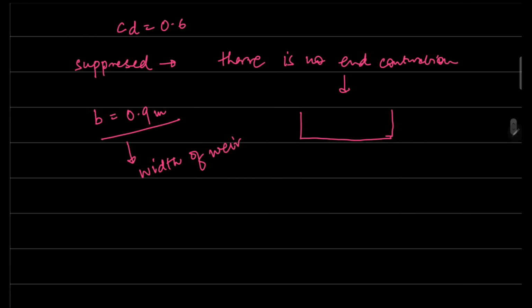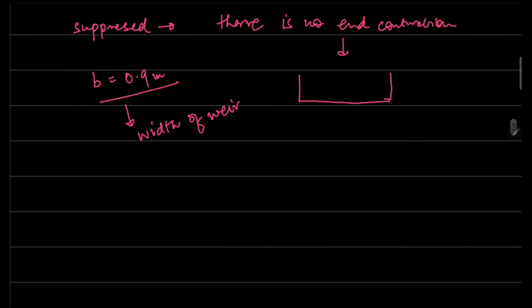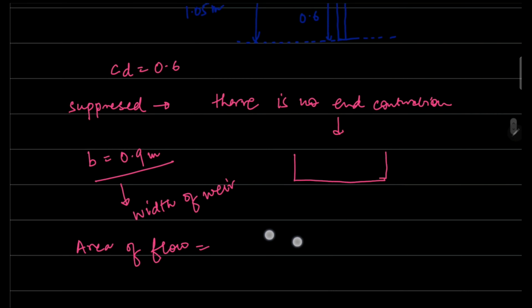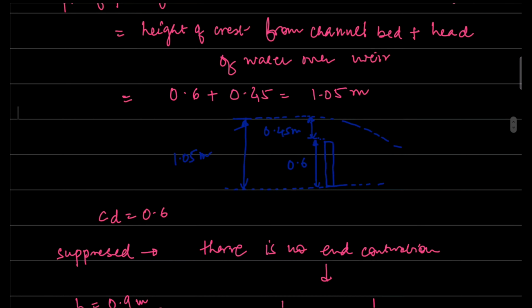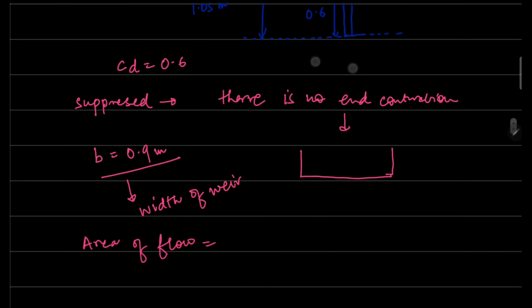Now, let's proceed. The area of flow will be equal to the depth of flow, which we just figured out is 1.05 meter, multiplied by the width of the weir, that is 0.9.